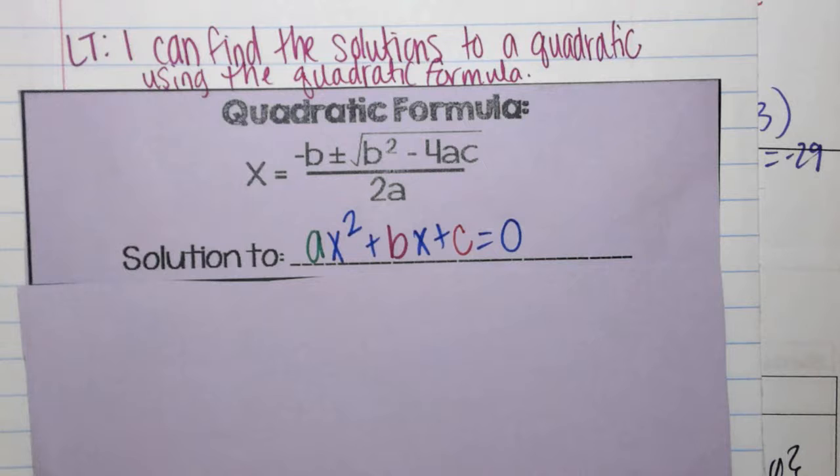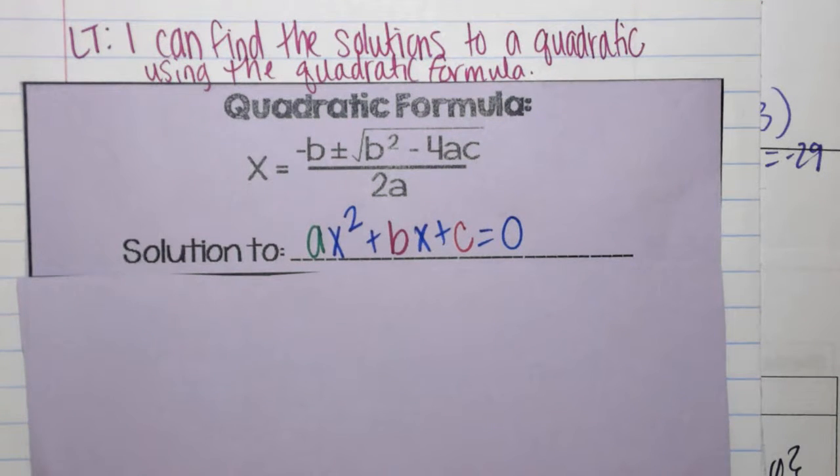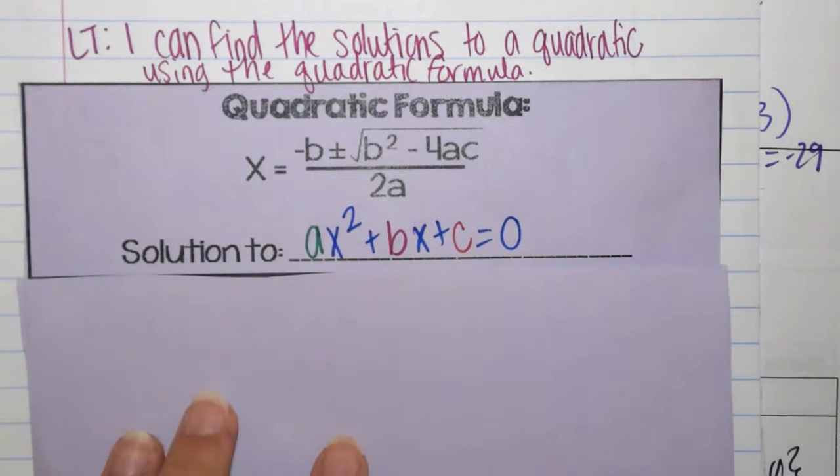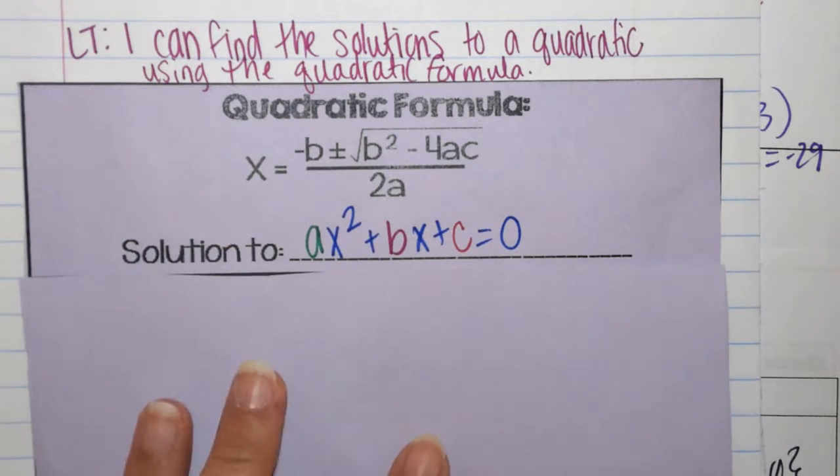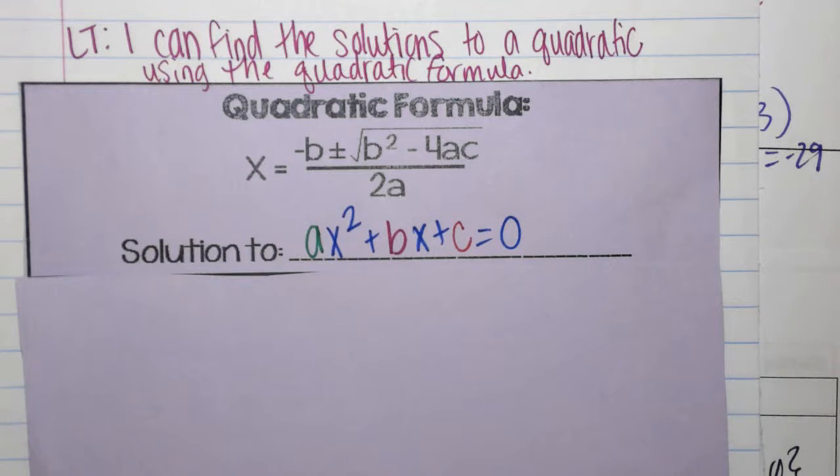Now, these are the solutions to a quadratic when it's set equal to 0. What's the quadratic formula? X equals opposite of b plus or minus square root b squared minus 4ac all divided by 2a. Okay. You guys are scaring me a little bit.